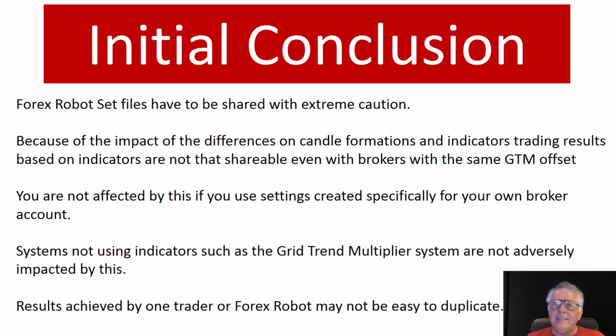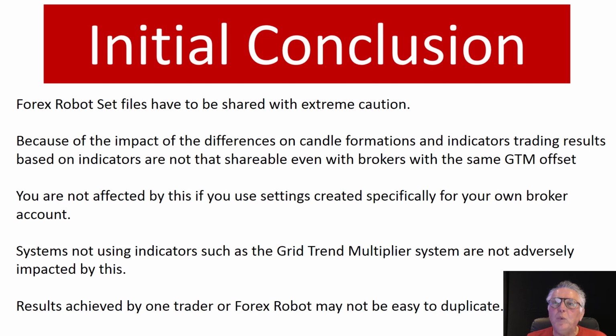aren't affected by this. For instance, the grid trend multiplier doesn't use indicators, so it is unaffected by that because it uses a grid system to trade. The time of day hedged EA is another EA that's not affected by something like this because it doesn't use indicators. So it's only really EAs that use indicators that are affected by this particular situation.